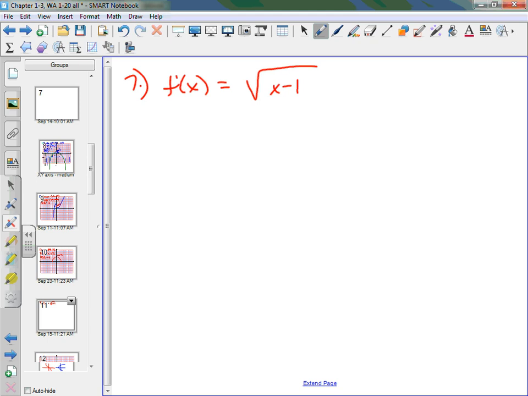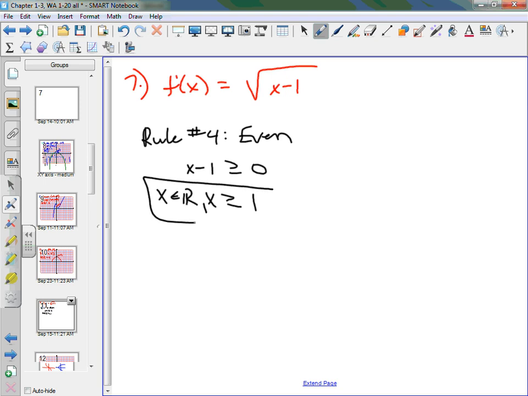What rule is it? It's rule 4, right? So if this is rule 4, that's going to be my even root rule, which means x minus 1 has to be greater than or equal to 0, right? So therefore, what is that? X is greater than or equal to 1. X is an element of the reals. Right?